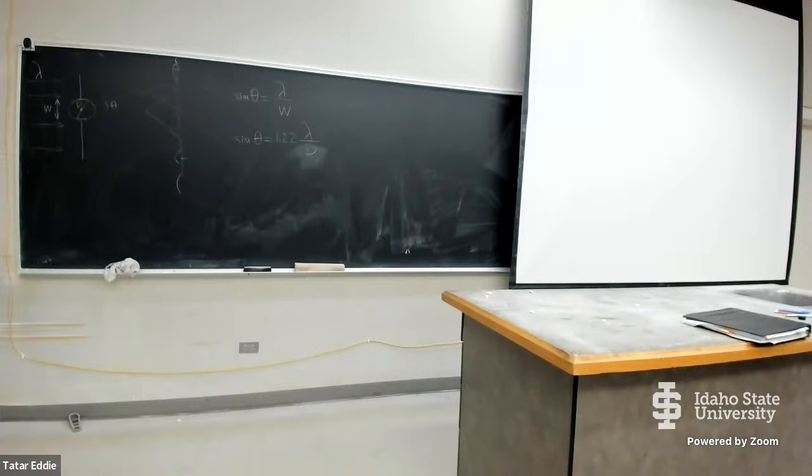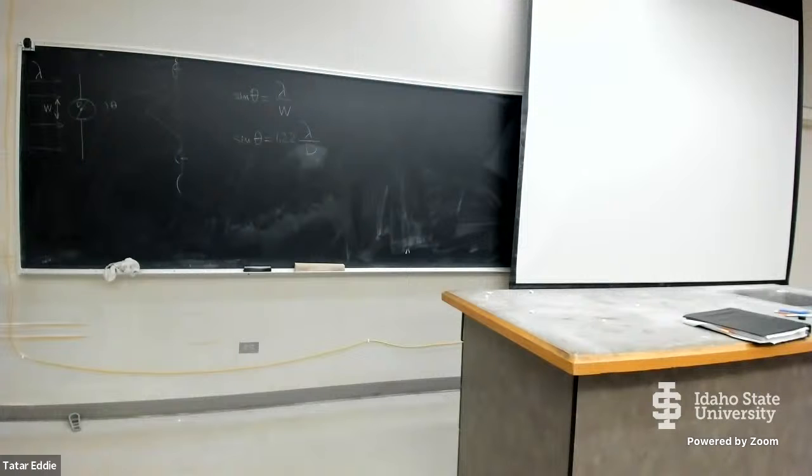One more time, where did the 1.22 come from? The origin of the number 1.22 requires quite complicated mathematics to prove it mathematically. So in your textbook, of course, this derivation is not shown, and you're just going to remember the result.